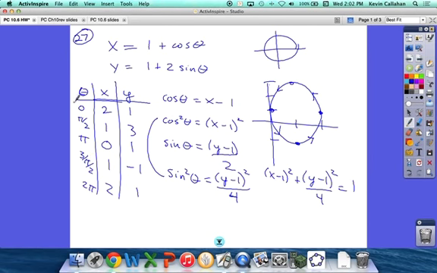So I did 0 to 2 pi and I put in every pi over 2 and just substitute it into those, calculate the x's, calculate the y's. Right, the first point on this graph was the point 2, 1. Right, the next point was 1, 3 up here. So you can see that the direction that it's being traced is around like this. So plot all 4 points. This point is the same as this point. So just take it around the circle.